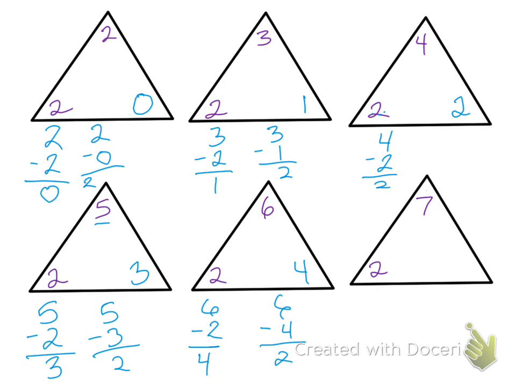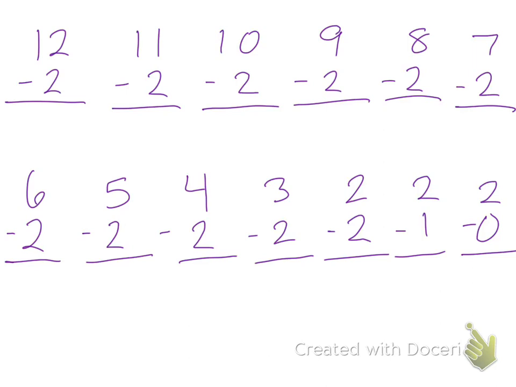And the last one, 2 plus 5 equals 7, which means that 7 minus 2 equals 5, and 7 minus 5 equals 2.